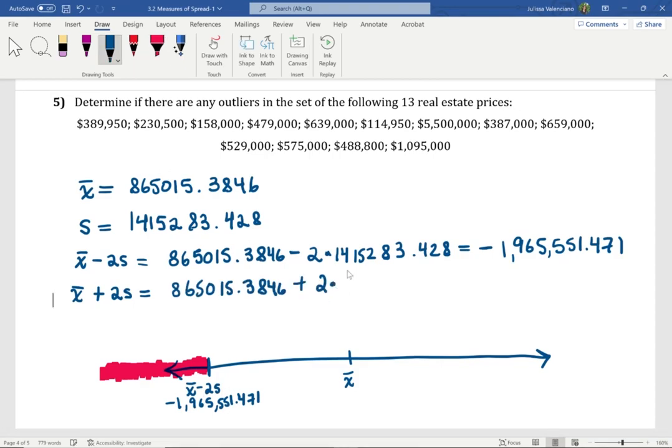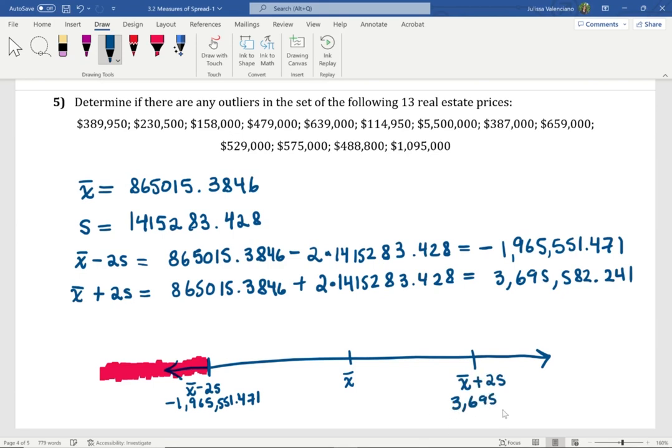Now, let's go ahead and calculate X bar plus 2S. Write the value of X bar plus 2 times the value of S. Go ahead and enter this on your calculator. You should get 3,695,582.241. And so on our visual, we can go ahead and include that value.